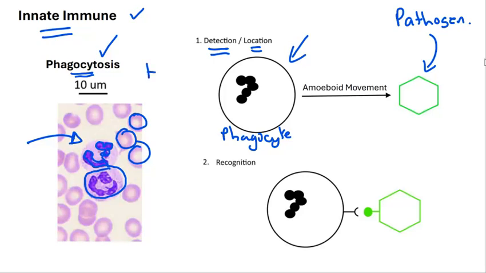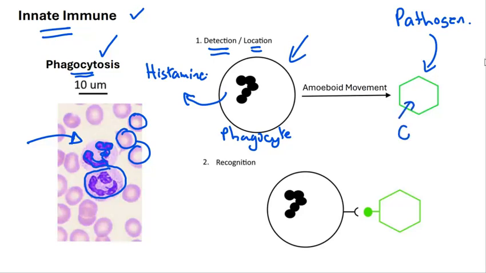So histamines are secreted from damaged cells, and that would attract the phagocyte to that location. But the pathogens also give off chemicals, which the phagocyte can then track and move towards the pathogen in an attempt to find its location.